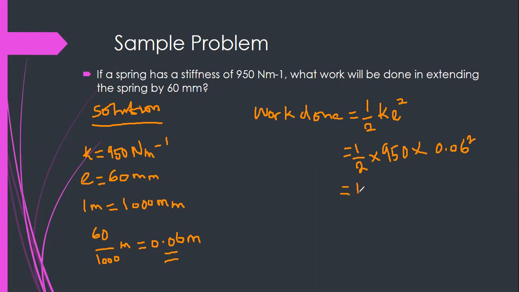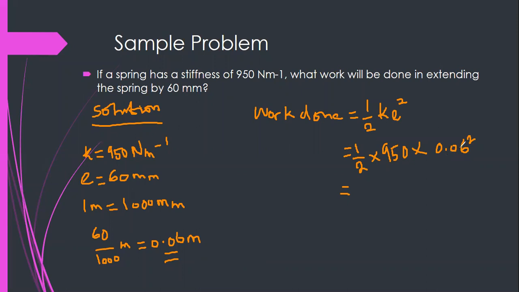So we should have 1/2. Okay, so when you multiply this by this, you find the square of this.